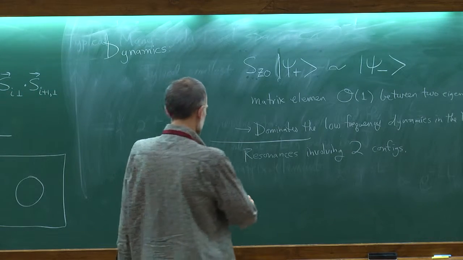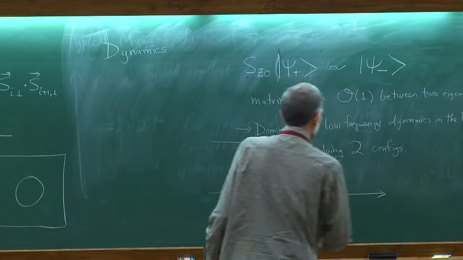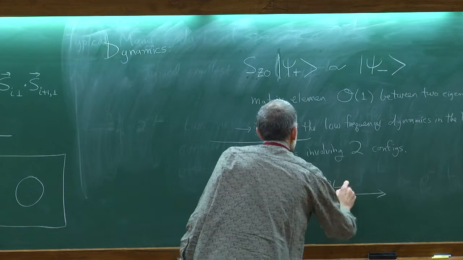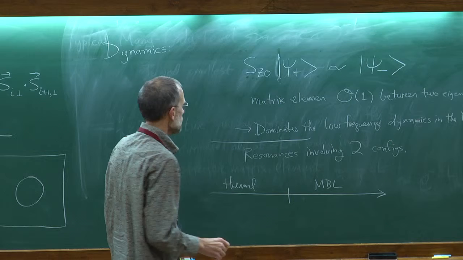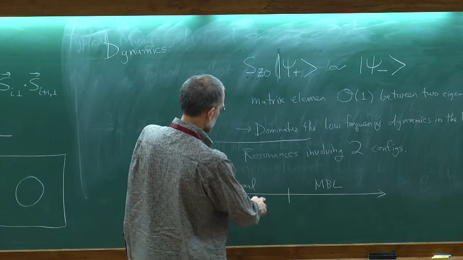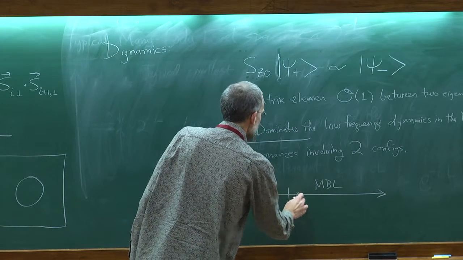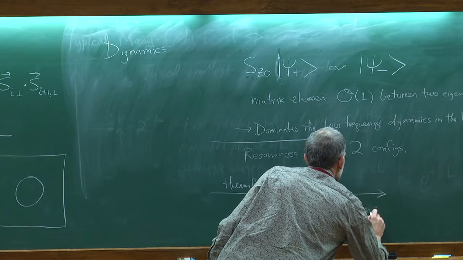But then there's another issue, which I mentioned last time. So now remember my phase diagram here. Here's the MBL phase. Here's the thermal phase. This is the randomness.